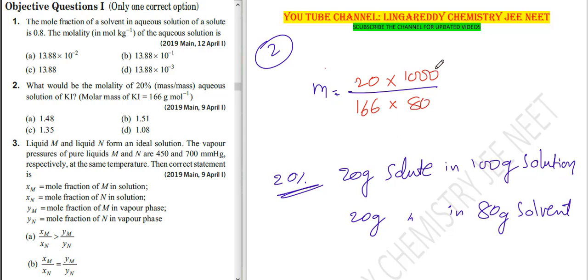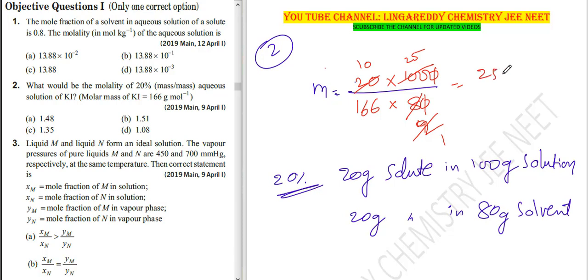Then you do this calculation, the zeros get cancelled. 4 2s are 8, then 4 25, then 2 1s are 2 10.